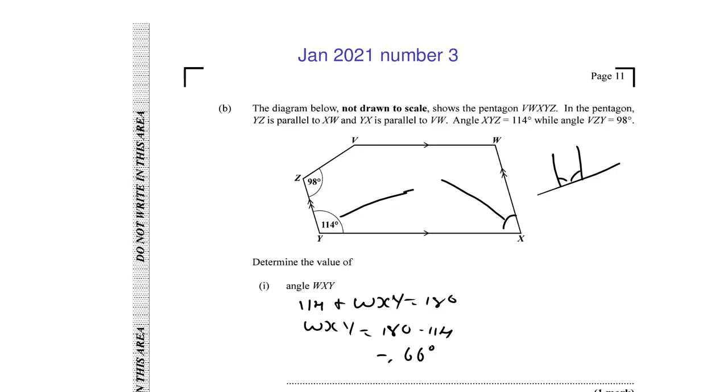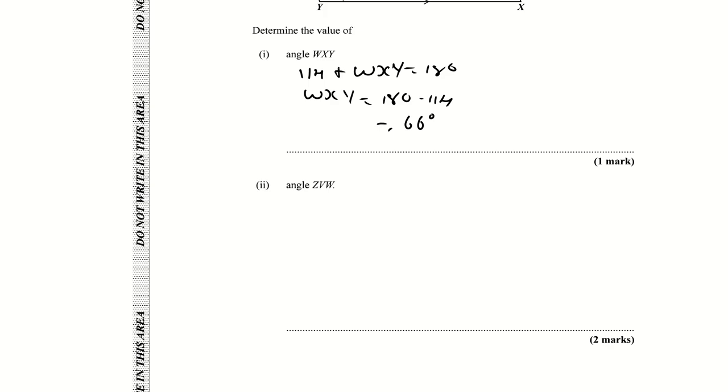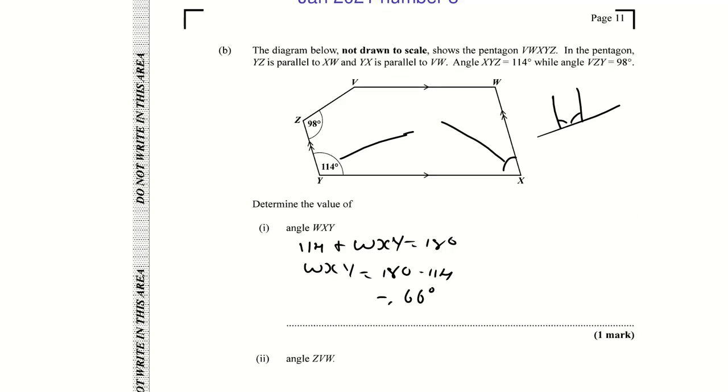Then they ask you for angle ZVW. That is this angle here. If I know that this is 66, I also know that this angle here is 114, because these are two parallel lines with a transversal line. This is a 1, 2, 3, 4, 5-sided shape.